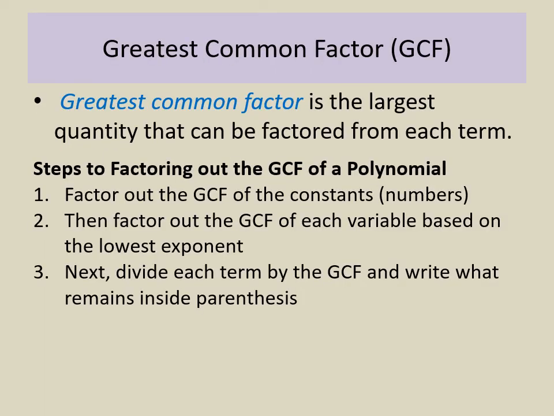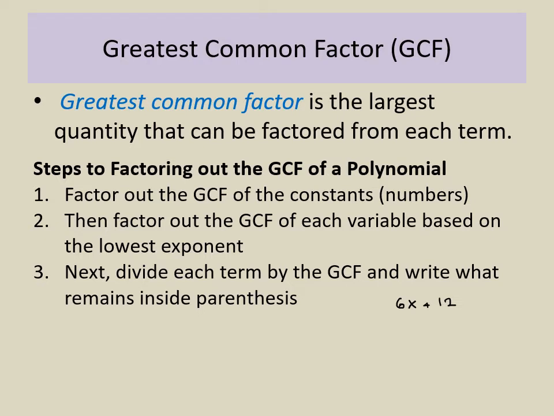The greatest common factor is called the GCF, and it's called the greatest because you factor out the largest quantity that can be factored from each term. What does that mean? Well, let's say I have two terms here, such as 6x plus 12.